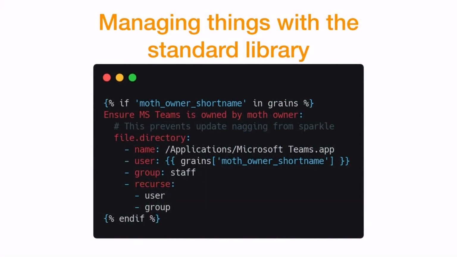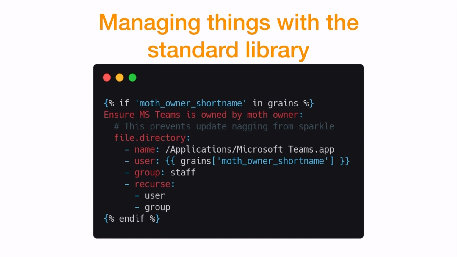Moving on to the next example. I'm sure a lot of people here have used Slack. We also have Microsoft Teams. We're a Microsoft shop, so we use Teams for all our internal collaboration. Both of those love to complain if the app is not owned by the user who's running it, with background updates asking you to authenticate all the time.